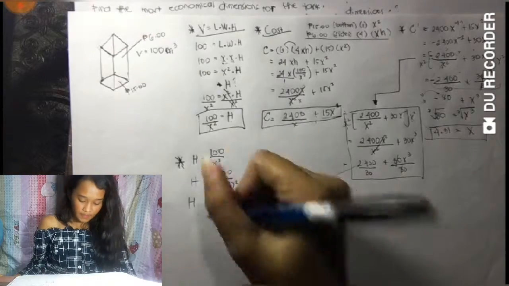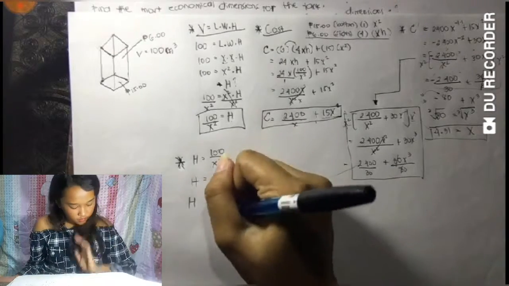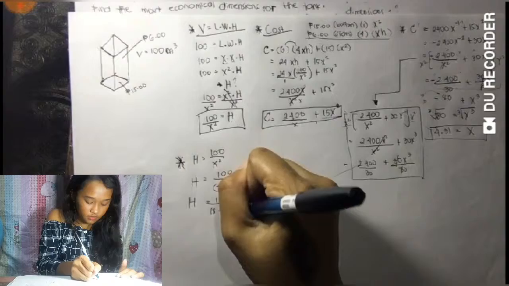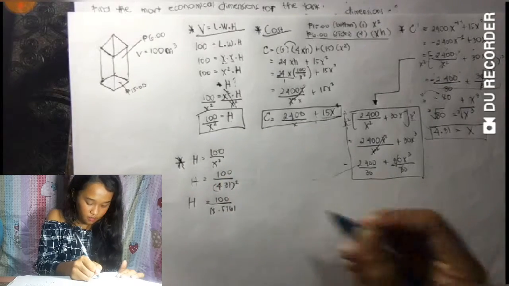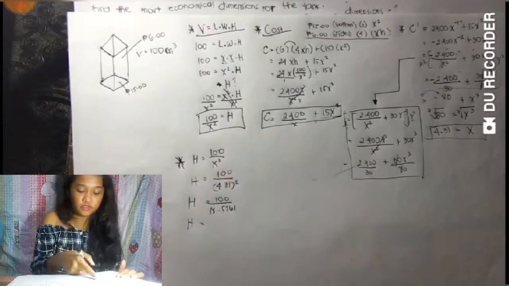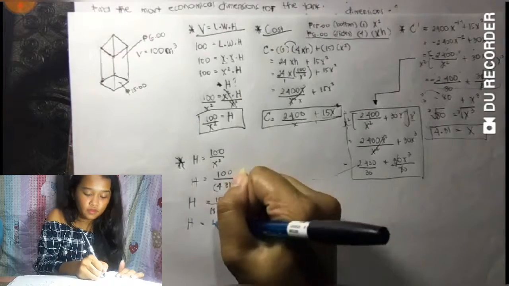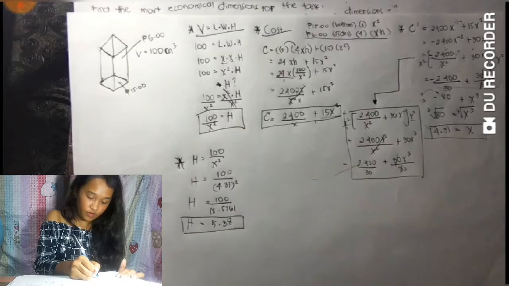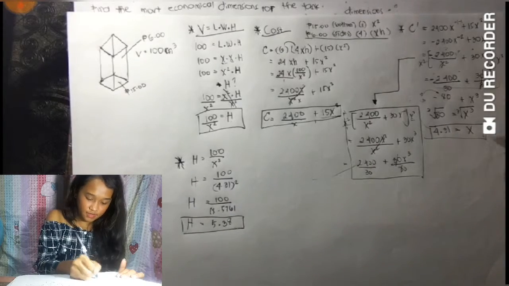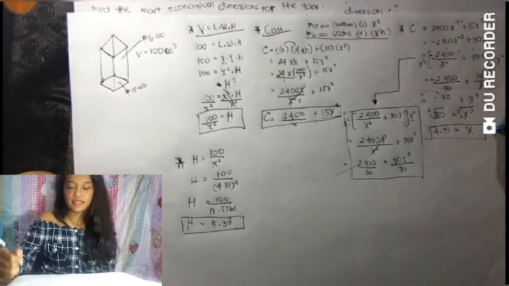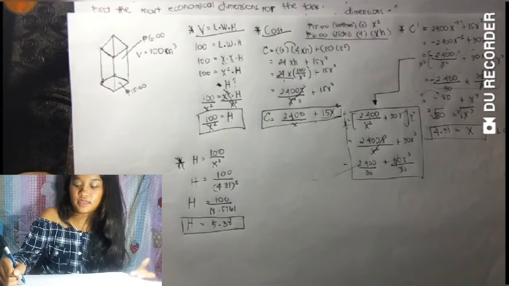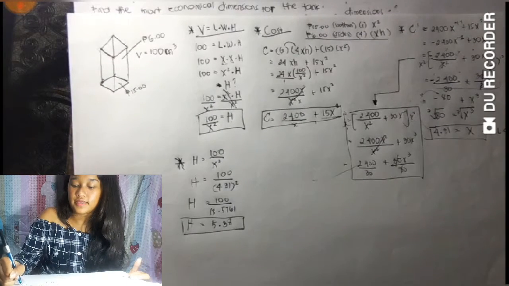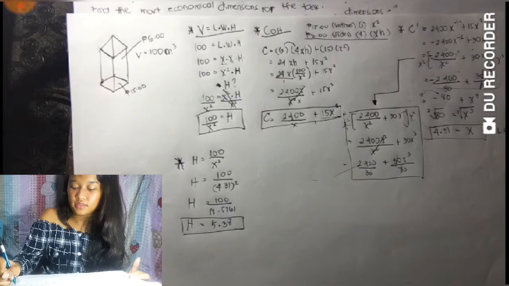And height is equal to how much? What would be 100 all over 18.5761, which is 4.31 squared. Height is equal to 5.38.